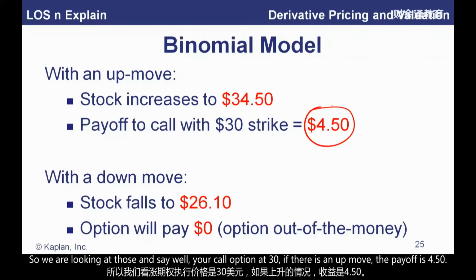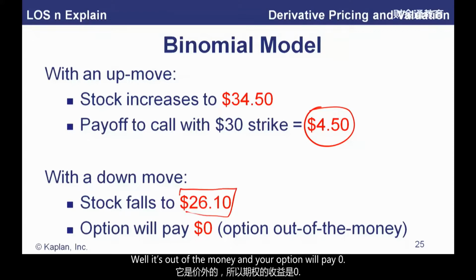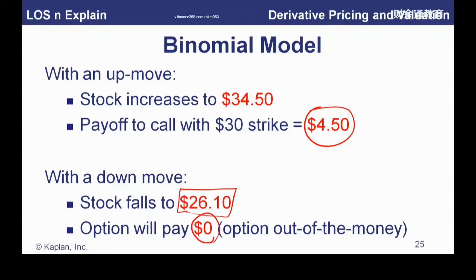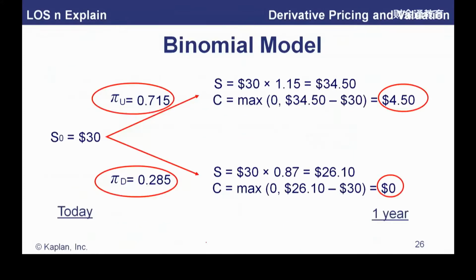So your call option at 30, if there's an up move, the payoff is $4.50. With a down move, the stock falls, it's out of the money and your option will pay 0. So now we've got either a $4.50 payment 1 year from now or a 0 payment 1 year from now, resulting from owning this call option.